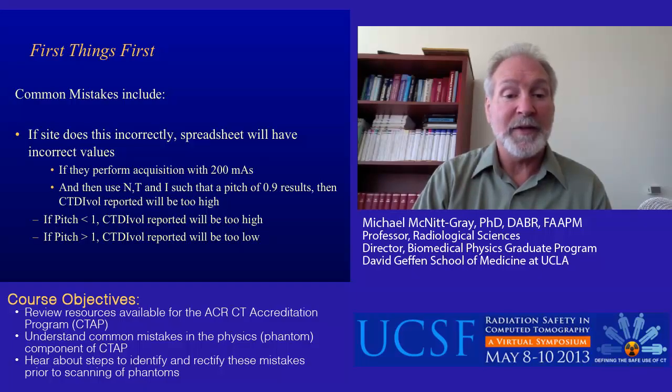If the pitch is less than 1, the CTDIvol value reported will be too high. If the pitch is greater than 1, then the CTDI value actually reported will be too low. So it depends on the pitch value. But either way, if you use the effective mAs value instead of the mAs value, the CTDI value will be incorrect.